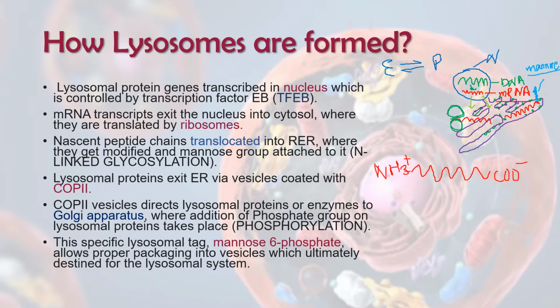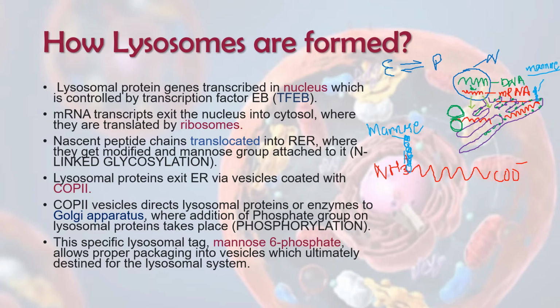Okay, so this Mannose group is attached at the N terminus end of a polypeptide chain. This is Mannose, okay?